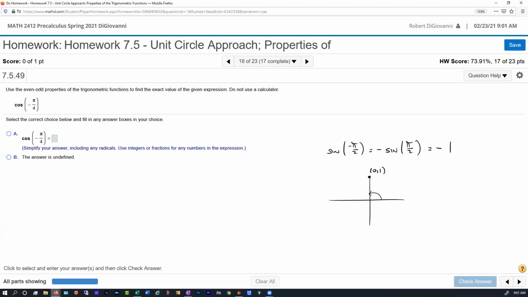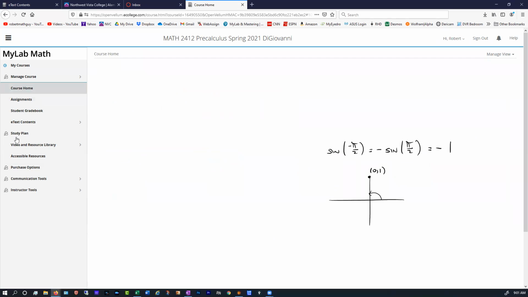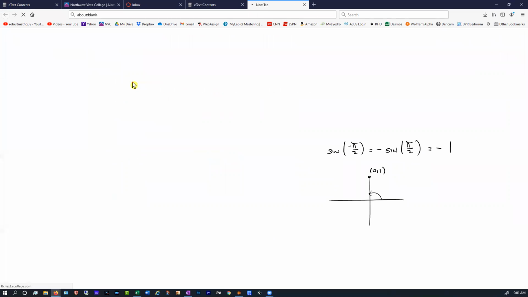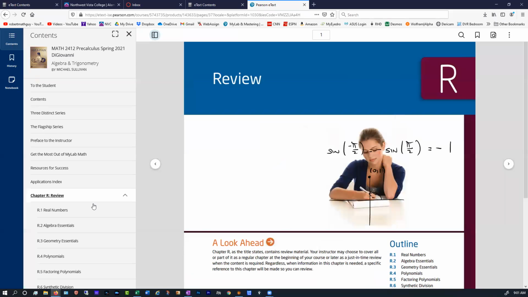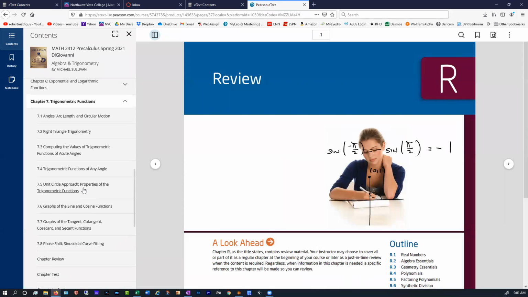And I should probably just take a quick moment to, let me see if I can do this. Let's see if I can bring up the ebook without losing the homework. I should probably just mention what the even and odd functions are. That way you know. Oh, where's that textbook? So here we go.